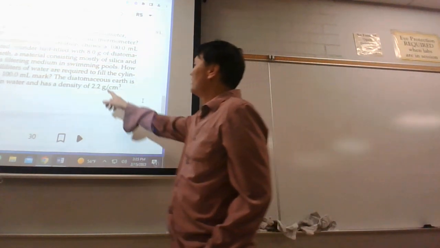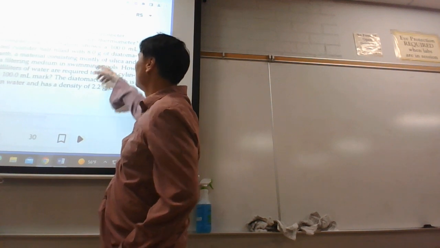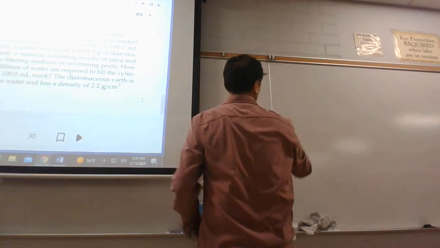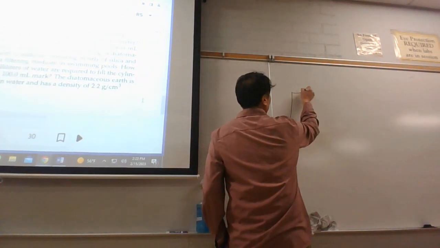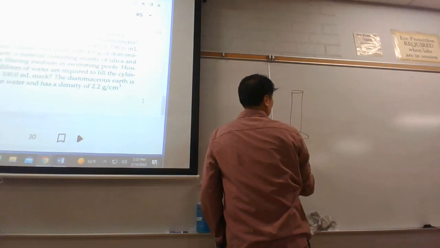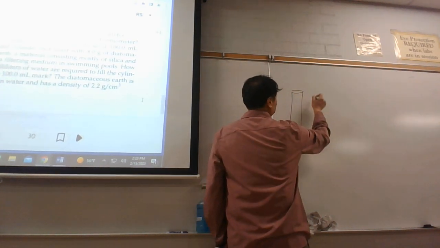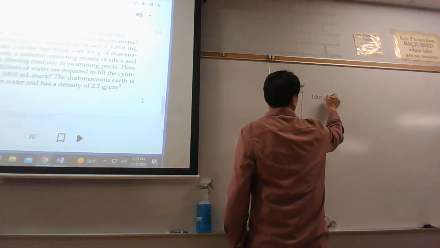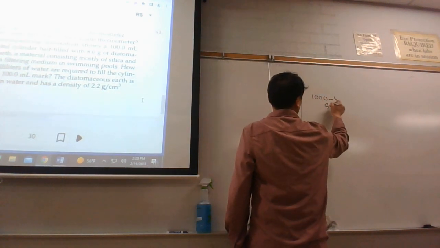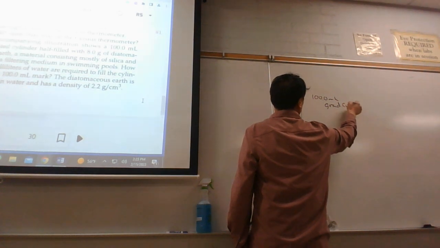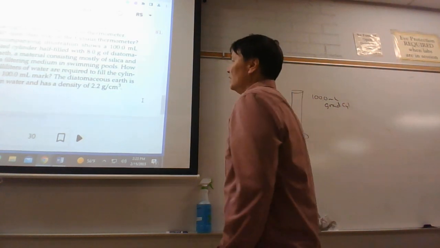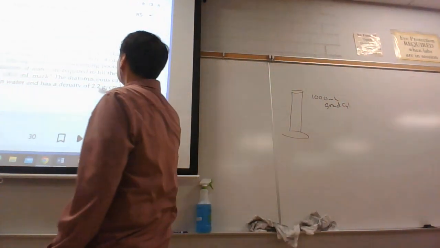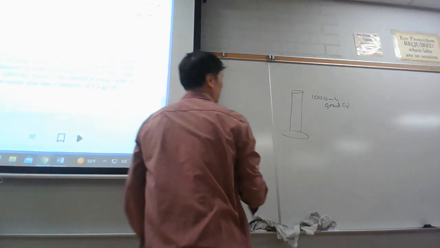Problem 77: the accompanying illustration shows a 100 milliliter graduated cylinder half filled with 8.0 grams of diatomaceous earth.